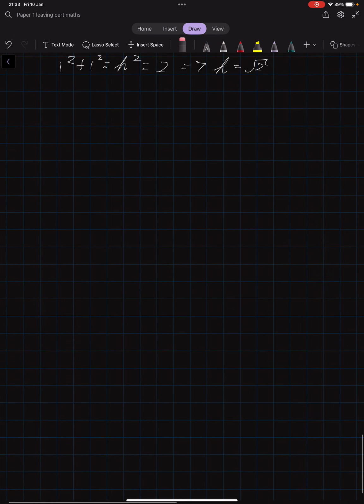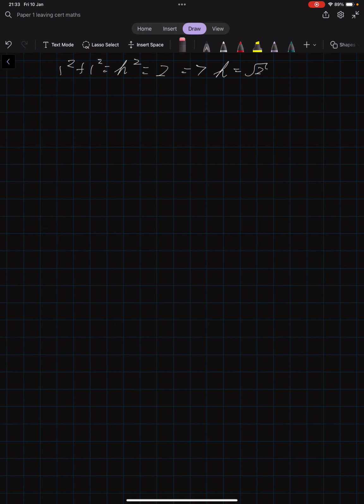And now for root 3. Root 3 is a little bit more involved. I'm going to make the drawing a little bit smaller. But you start off making a line segment of length 1.